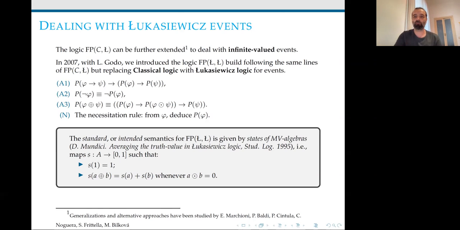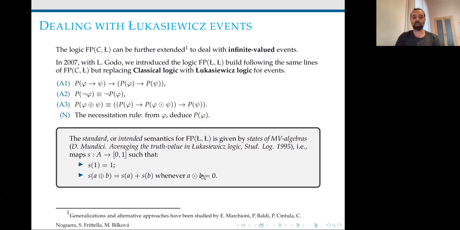You have this other notion for uncertainty quantification that are called states of MV algebras. So states of MV algebras were introduced by Daniele Mundici in 1995, and those are maps from any MV algebra A to [0, 1], which are normalized and finitely additive. Of course, here the finite additivity is expressed not in terms of the lattice operation of MV algebras, but in terms of the monoidal operation.